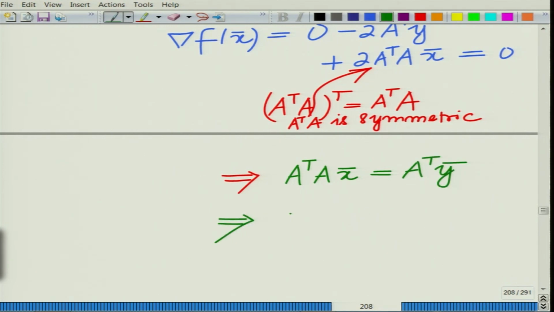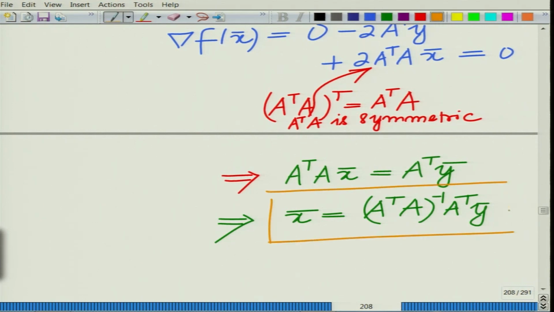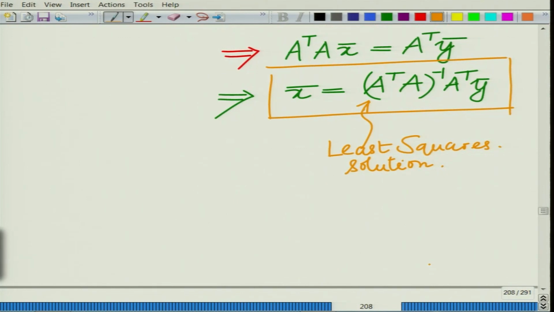This implies that x bar, which is the solution, is equal to A transpose A inverse A transpose y bar. This is basically your least squares solution.